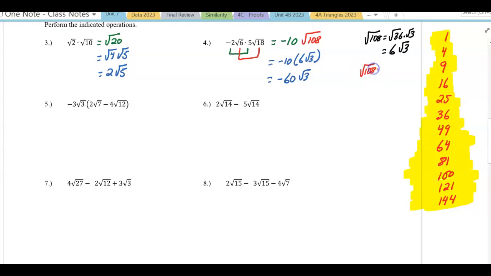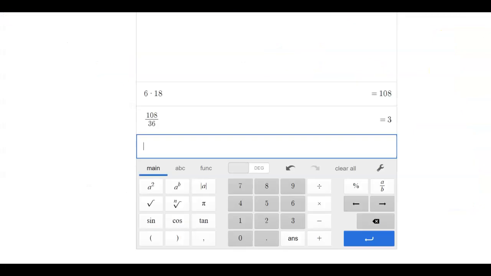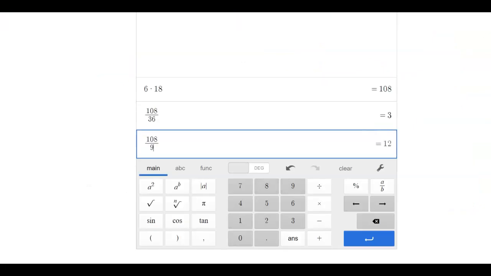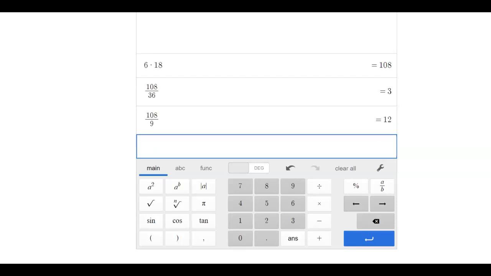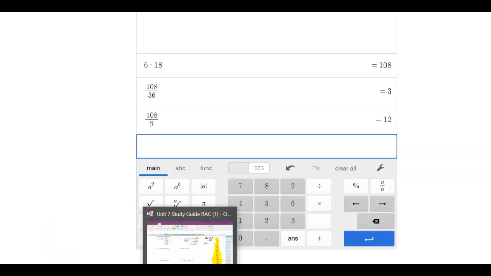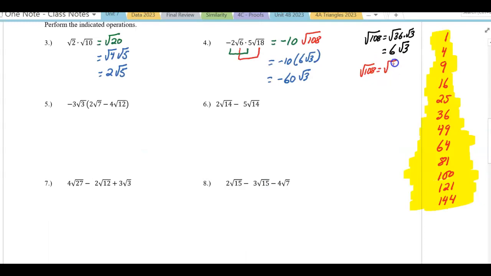Now some of you may not have seen that 36 goes into 108. It's possible that you only saw a smaller perfect square. So if I look at my calculator and you didn't find 36, maybe you only found a 9. So then you might have done this problem as square root of 9 times square root of 12. Square root of 9 is 3.